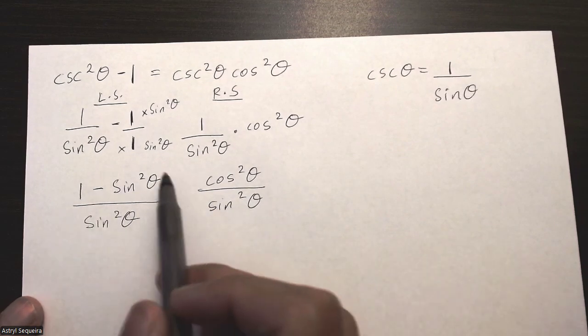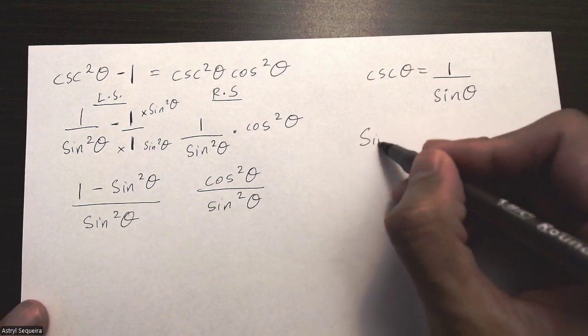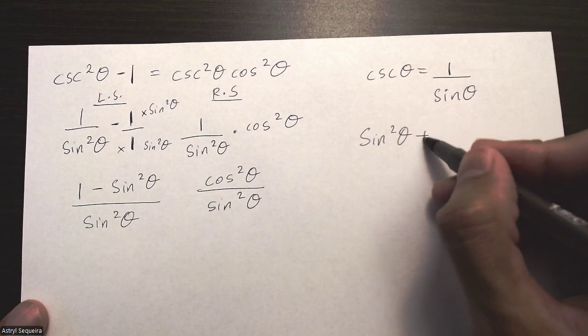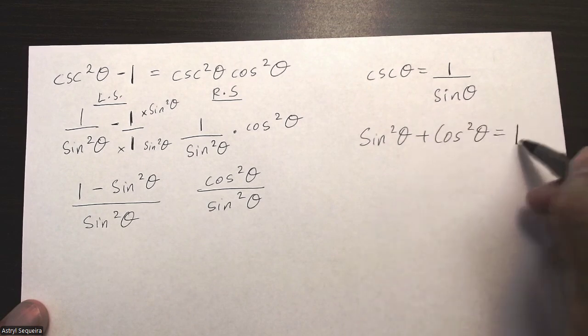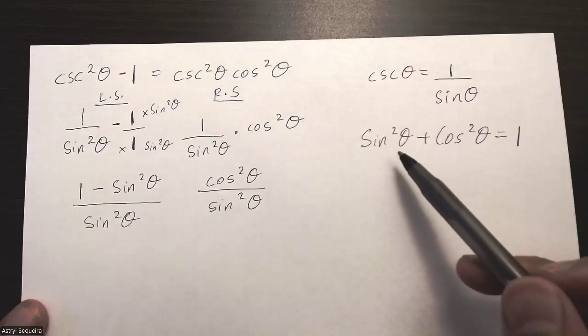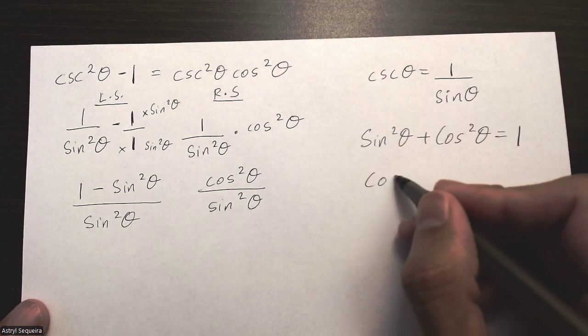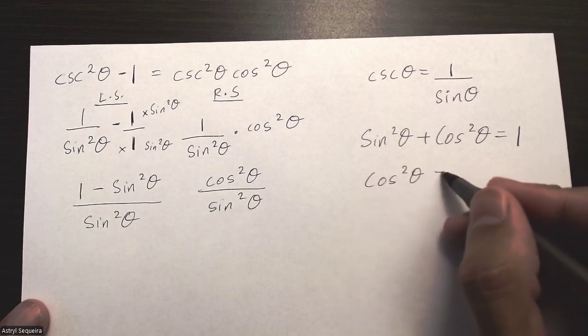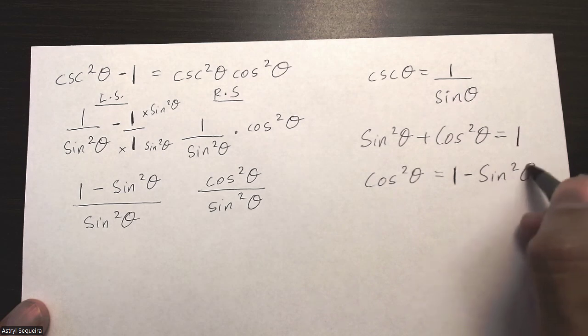Now, what can I do with 1 minus sine squared theta? Well, you should know the trig identity sine squared theta plus cos squared theta equals to 1. And this identity can be rearranged so that the sine square can move to the other side. So then I'll just have cos squared theta equals 1 minus sine squared theta.